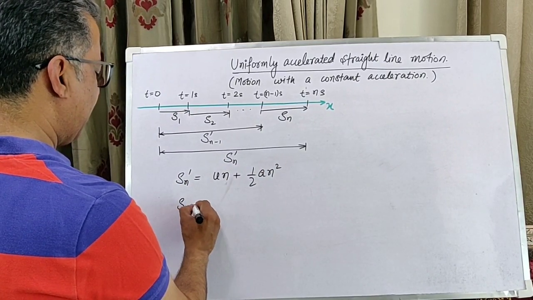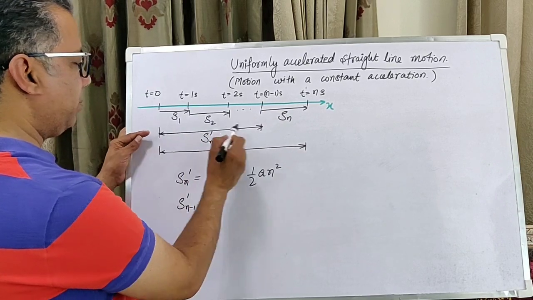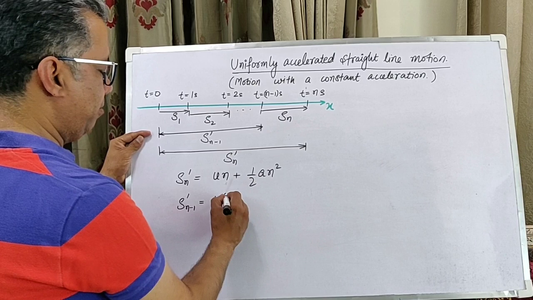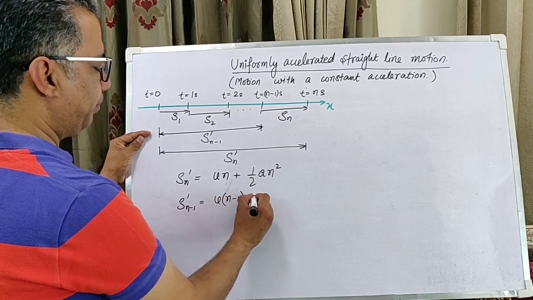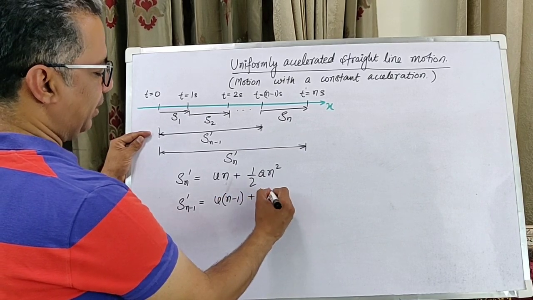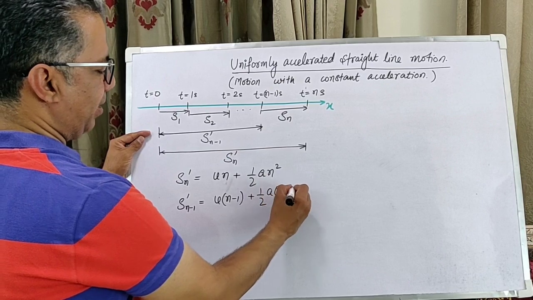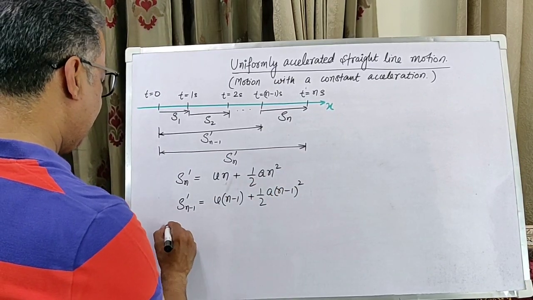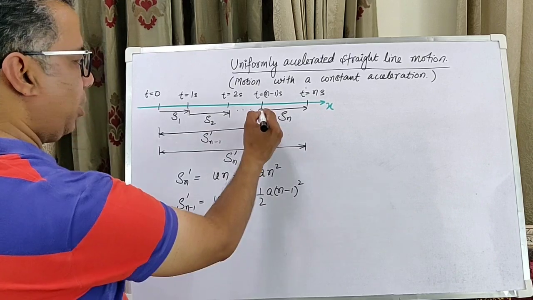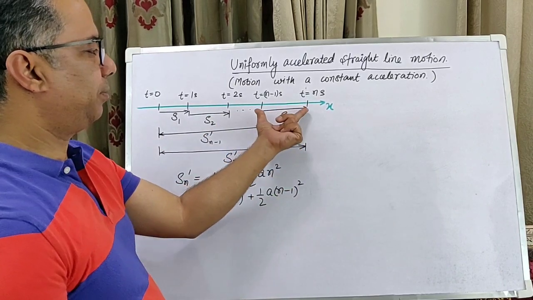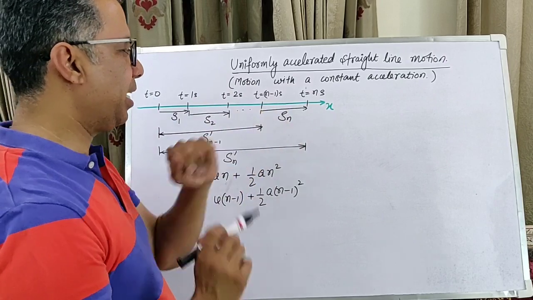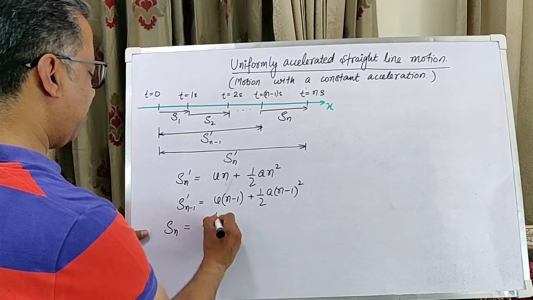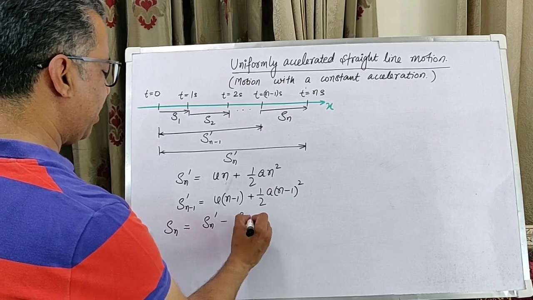Sn minus 1 prime, that is the displacement in n minus 1 second, is u into n minus 1 plus half a into n minus 1 whole square. Now Sn, the displacement during the nth 1 second interval, will be simply equal to Sn prime minus Sn minus 1 prime.